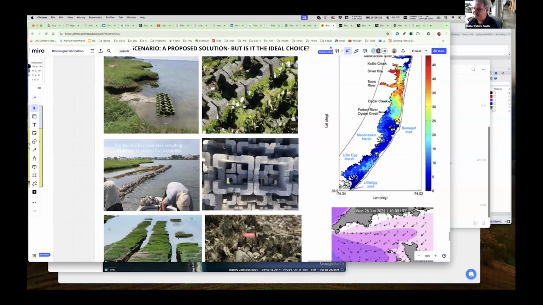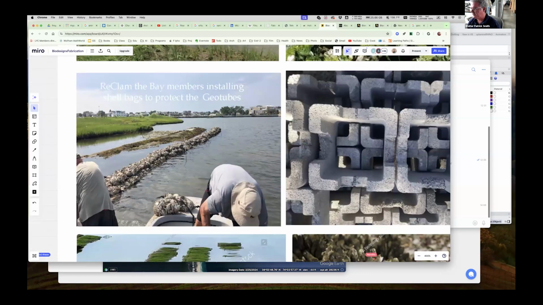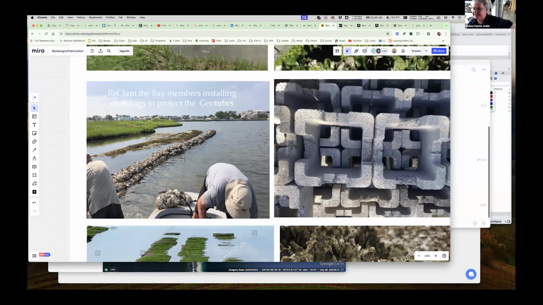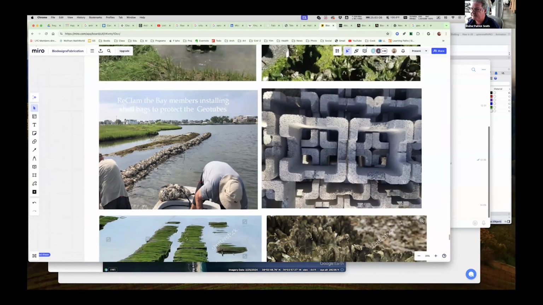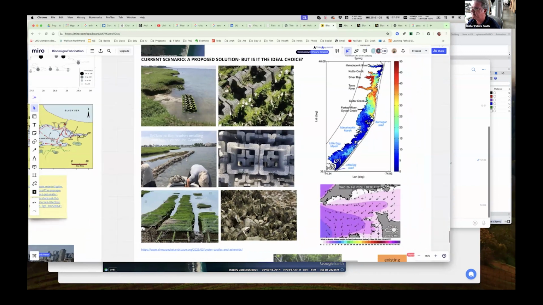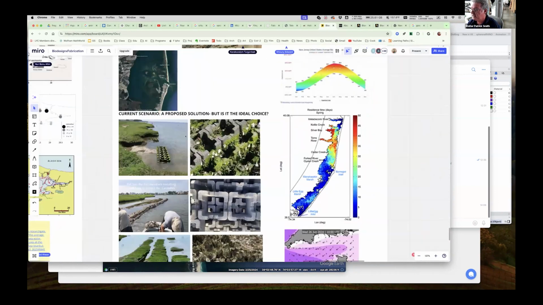They also started collecting the leftover shells from restaurants and fisheries and putting them in bags and putting these bags out there. Over time, the bag becomes not a bag, and it becomes part of the plastic problem. Then the shells fall apart and they lack structure.